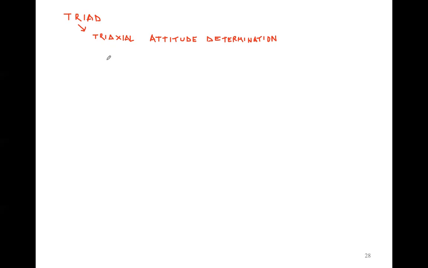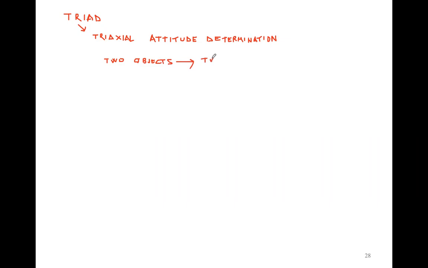So if you use 2 celestial objects, or in general objects, because you can also use stars that are known in the inertial reference frame and are also known in the body frame because you are measuring them through your sensors, you have 2 versors, let's say.